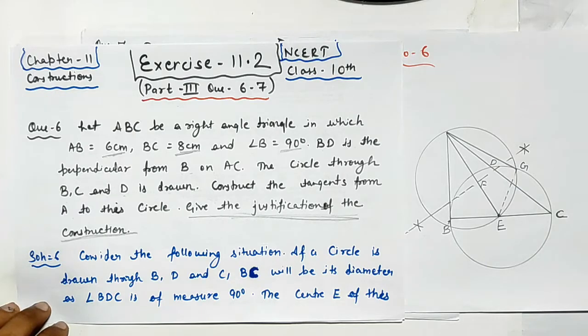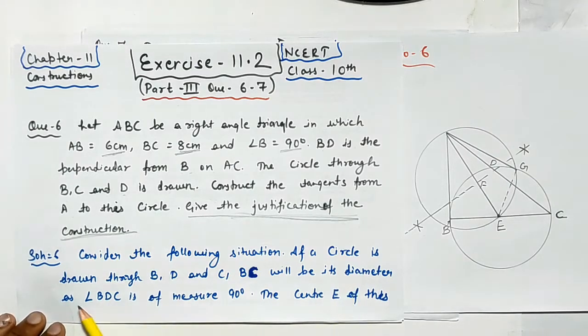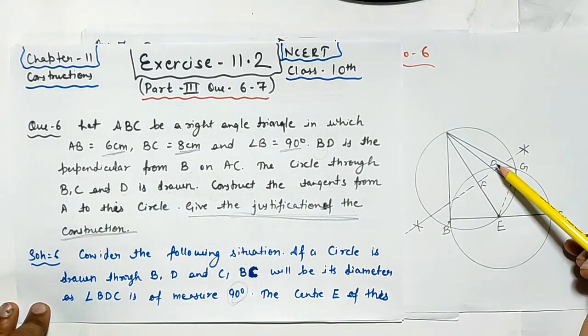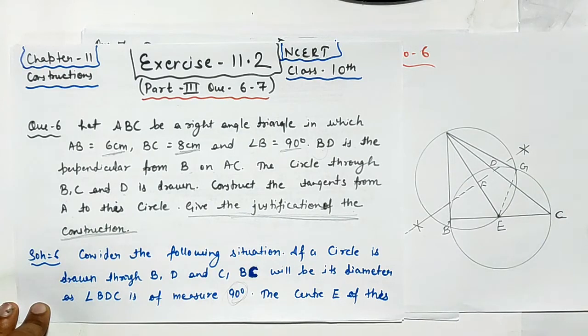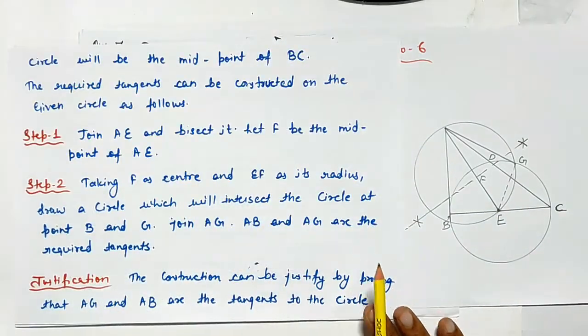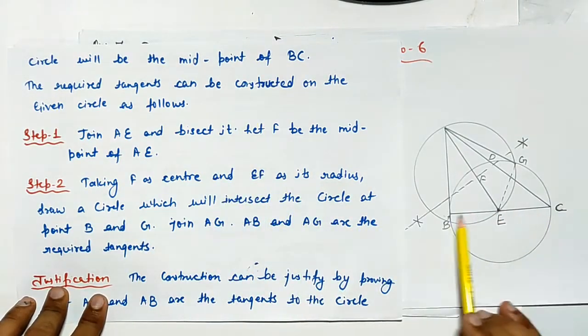If a circle is drawn through B, D and C, BC will be its diameter as angle BDC is of measure 90 degrees. The center E of this circle will be the midpoint of BC. This is the midpoint of BC.